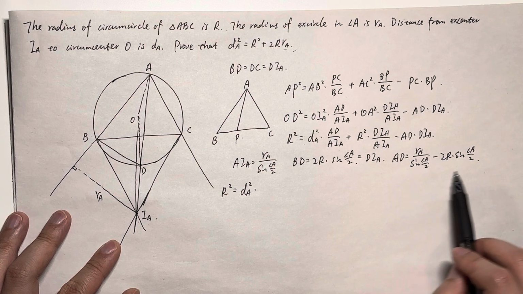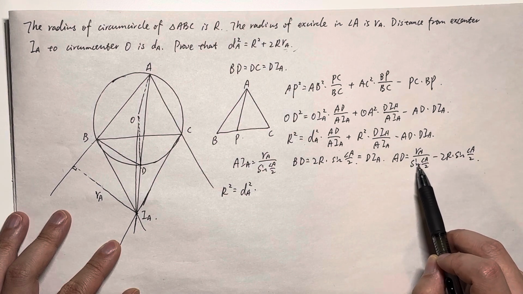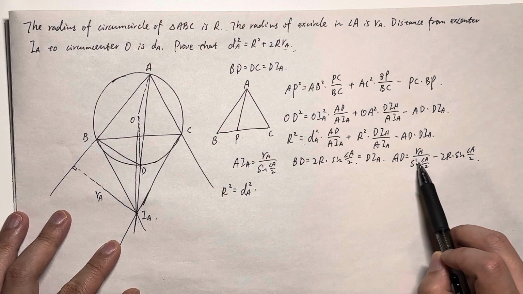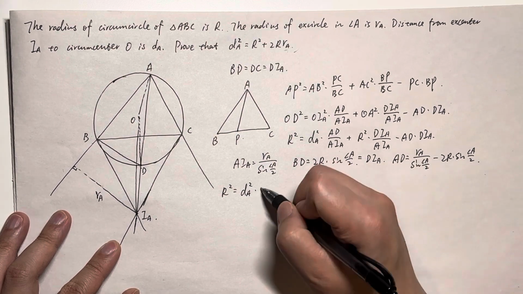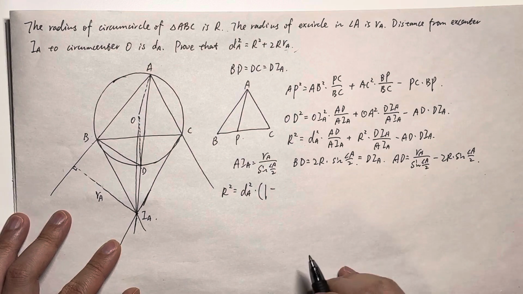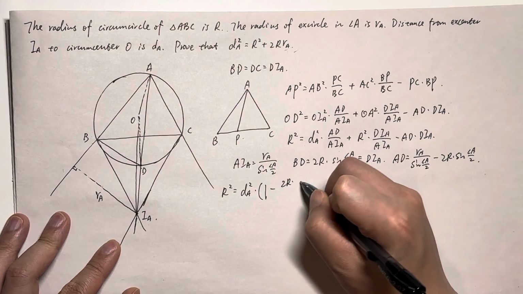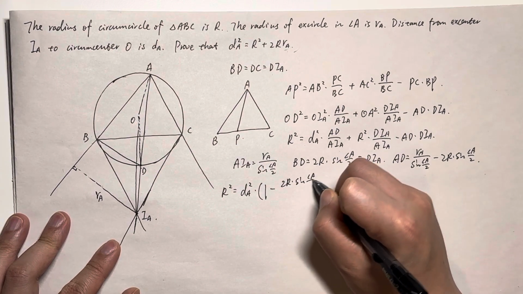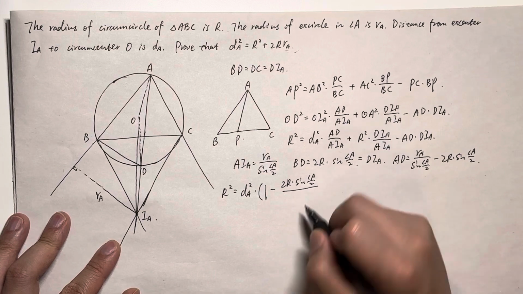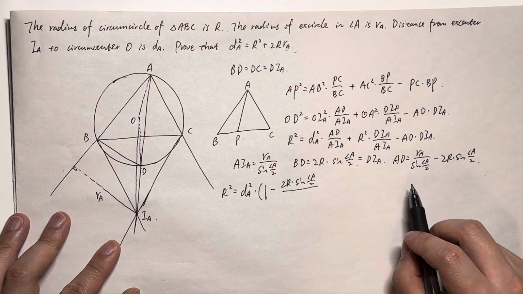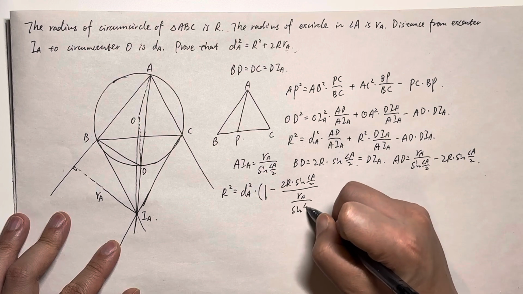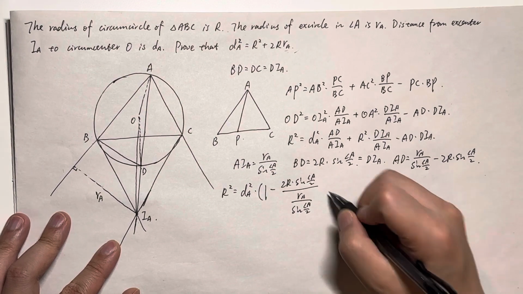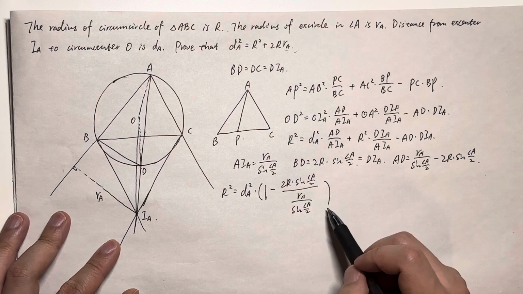AD is AIA minus DIA, so over AIA it is 1 minus 2R sine of A by 2 divided by RA over sine of A by 2. That's the first term.